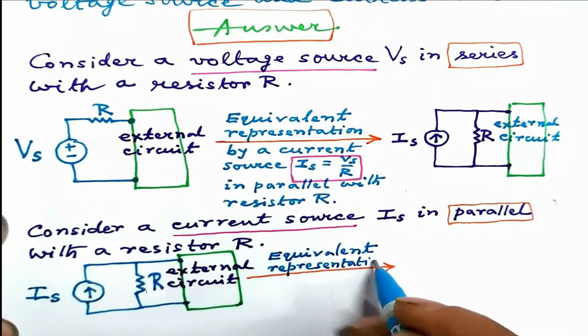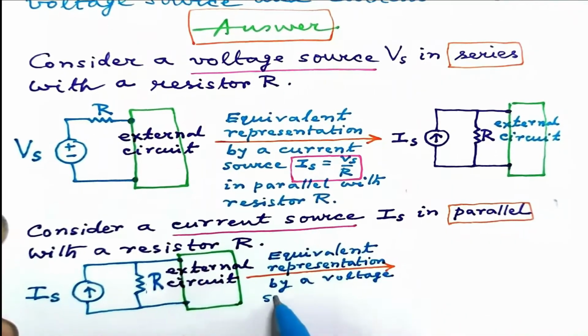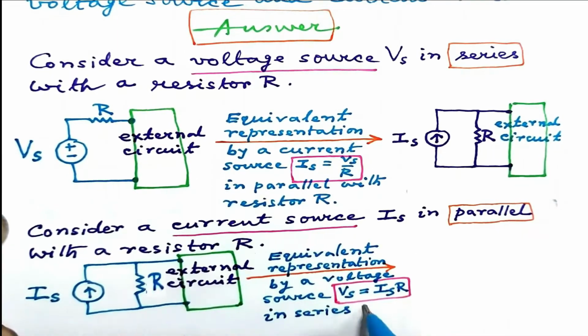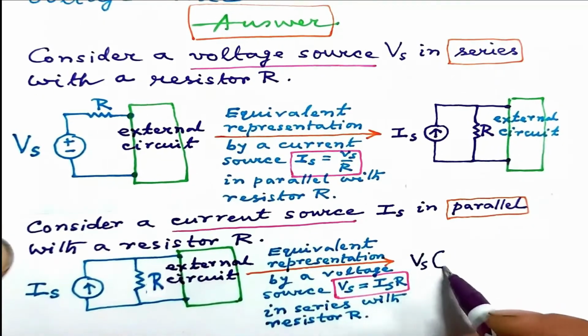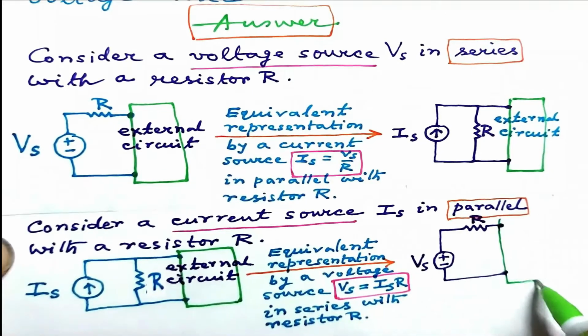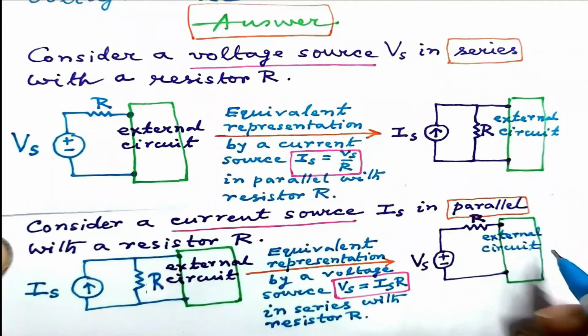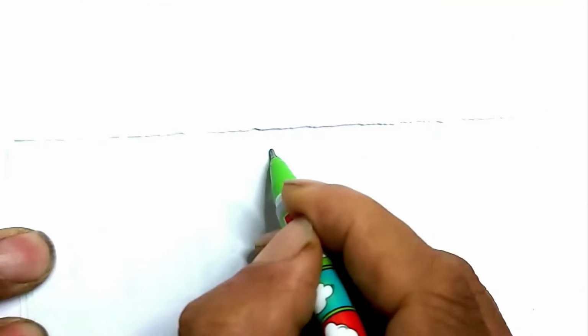Equivalent representation is by a voltage source Vs equal to Is into R in series with resistance R, and this is it. The terminals are connected to the external network. This is the transformation relation between current source and voltage source.